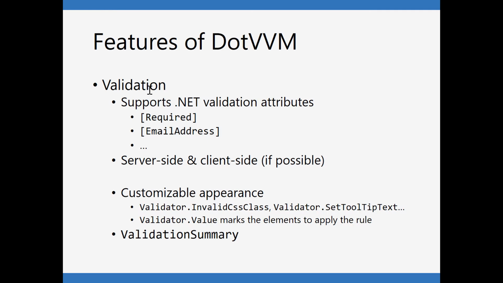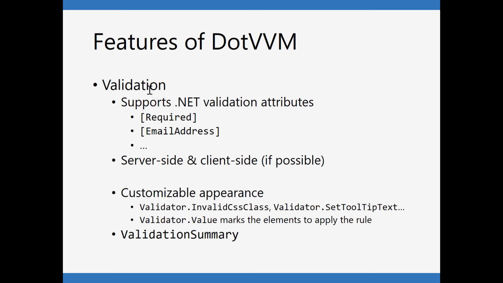Another very important feature of any line of business application is validation. And DotVVM respects the validation attributes used in .NET. So if you are using the required, email address, or max length attributes, you can use them because DotVVM will use this validation mechanism.